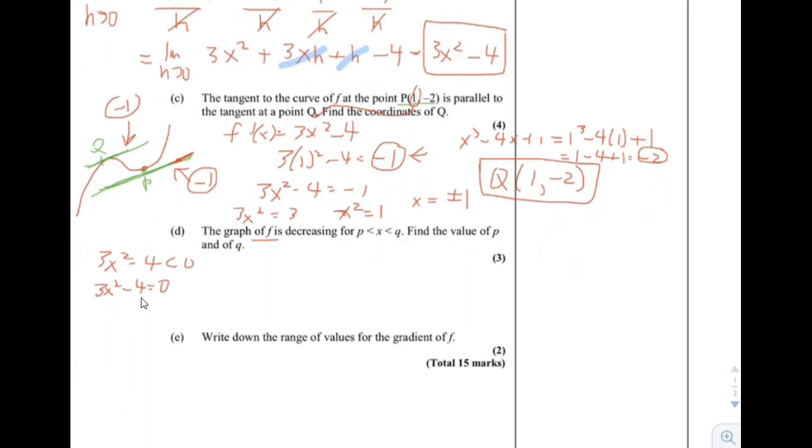So we're going to add 4 to both sides. We'll get 3x squared equals 4. And then we'll divide both sides by 3, and we'll get x squared equals 4/3. And then we'll take the square root of both sides, and we'll get 2 over the square root of 3. Okay.